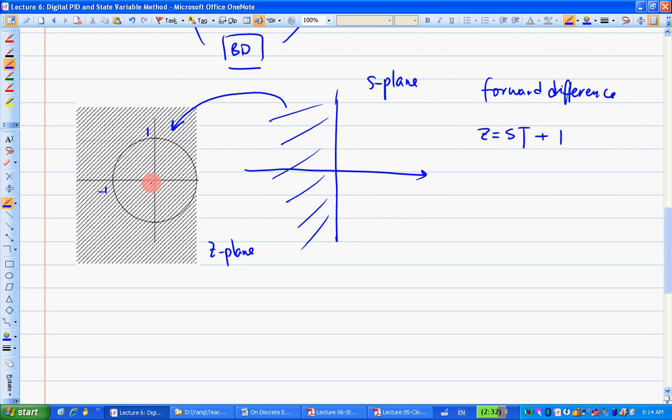Now remember, what is the significance of the unit circle in the Z plane? Under the Z plane, you're talking about Z minus certain poles here, and maybe another one. If you take an inverse Z transform, what does that give you?